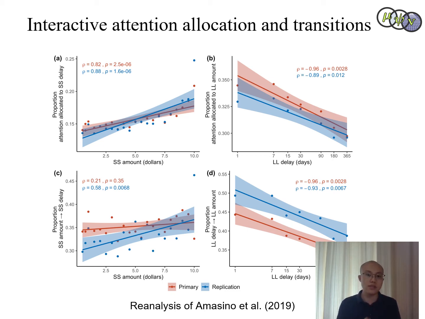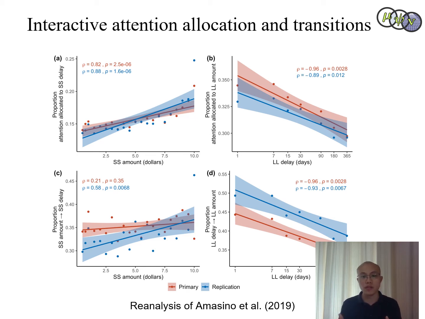In C and D, we show similar patterns, but we use a slightly different dependent variable on the y-axis. In figure C, the y-axis is the proportion of transitions from SS amount to SS delay, and in figure D, the dependent variable on the y-axis is the proportion of transitions from LL delay to LL amount.